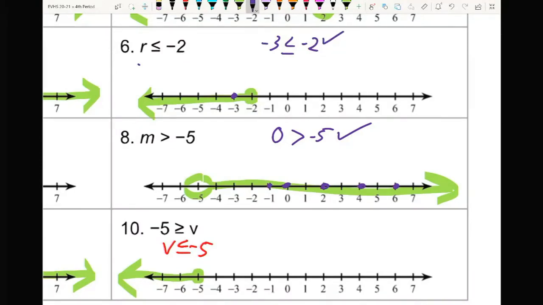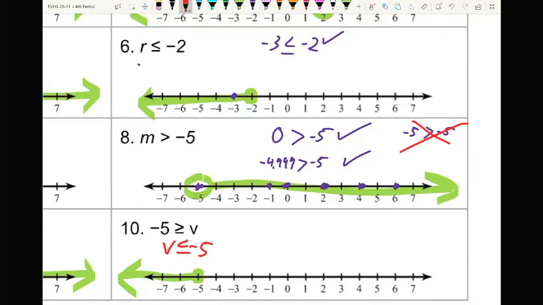Now, the dot is where it becomes important to understand what's actually going on there. Right here, if I was to do negative 4.99999, that is still true. However, if I hit negative 5 itself, is negative 5 greater than negative 5? No, that one does not work.